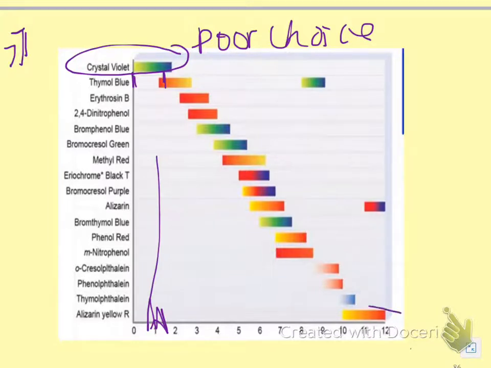Just like this would be a terrible choice if you were doing a weak base and a strong acid, because that's going to change down here in this range.